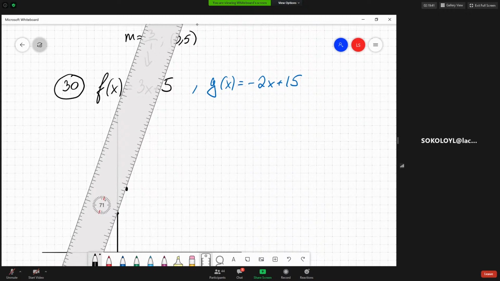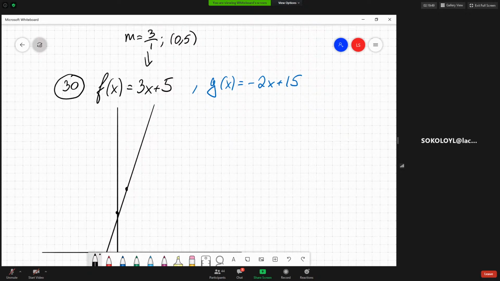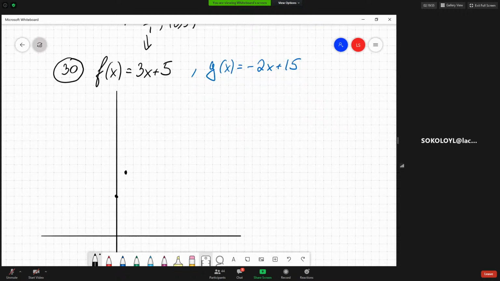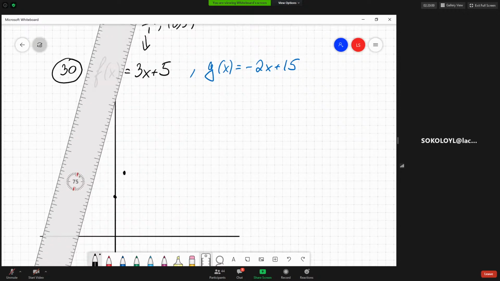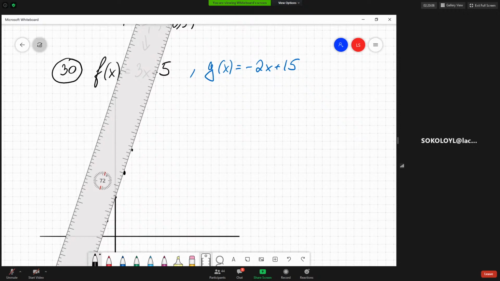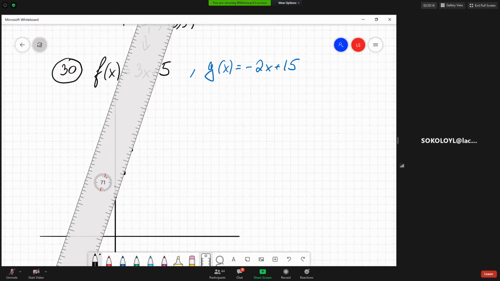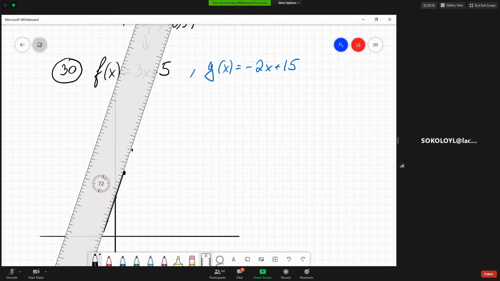I'm trying to stay neat here, and let's see if it'll work out. I think I missed. Let's try again. Maybe let me mark a few more points. So up 3, 1 over. So these are my points. It keeps jumping at the last second, but I think this is close enough.